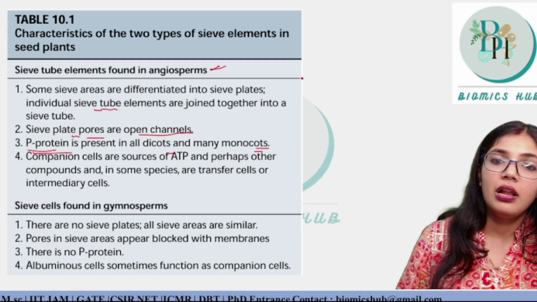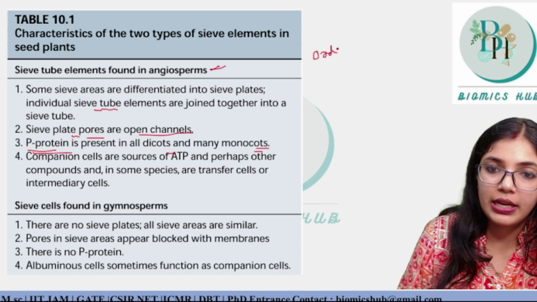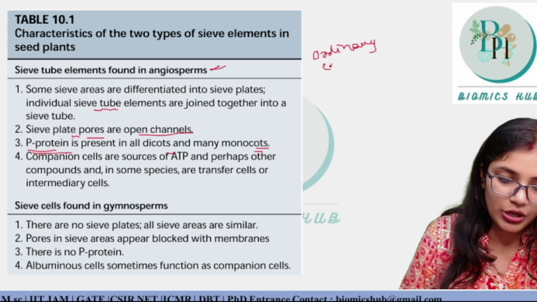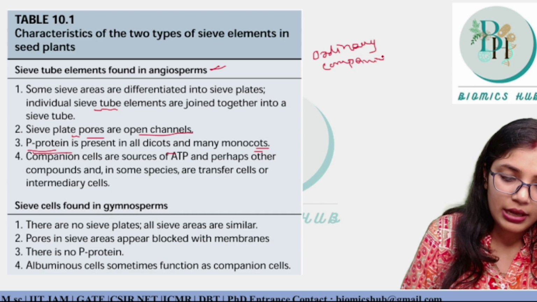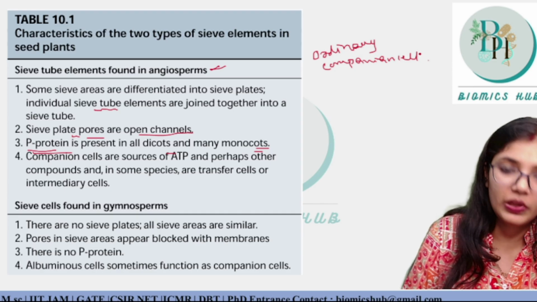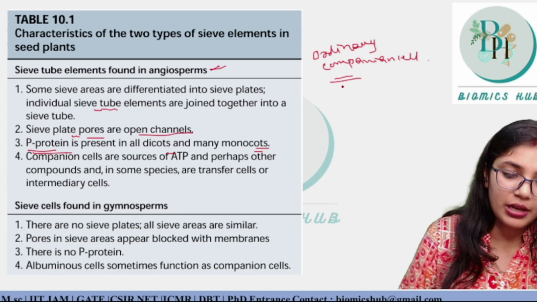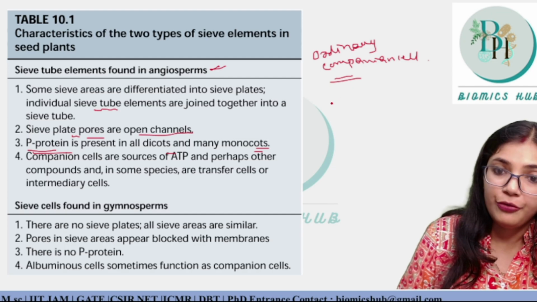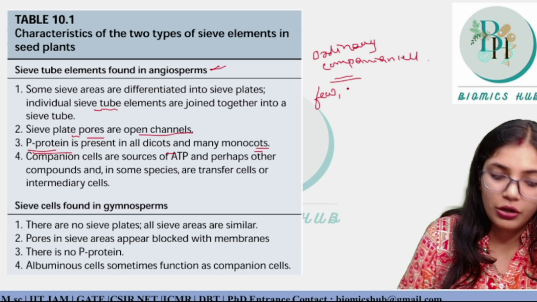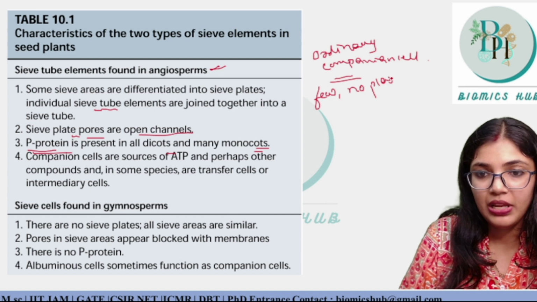For example, the first is the ordinary companion cell. In the case of the ordinary companion cell, there are few or no plasmodesmata.